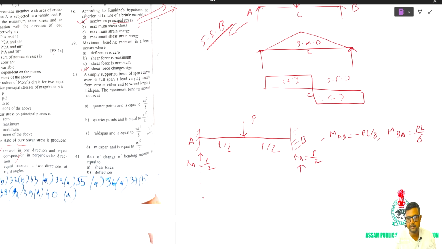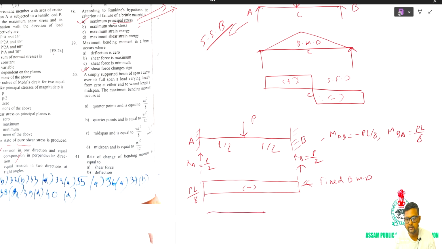Now, if I draw the bending moment diagram, this is for the fixed BMD, which is minus PL by 8, right?